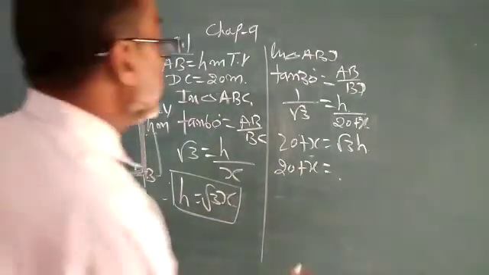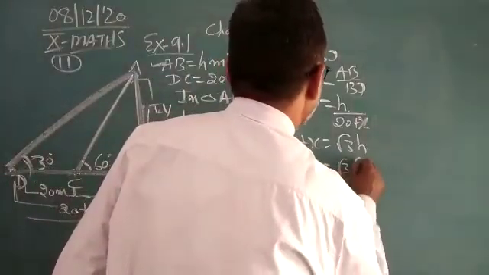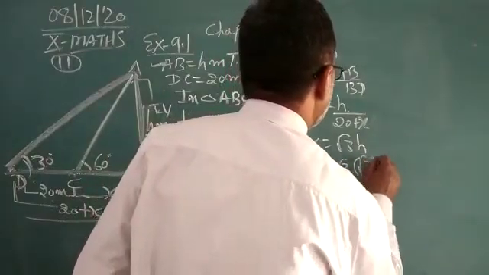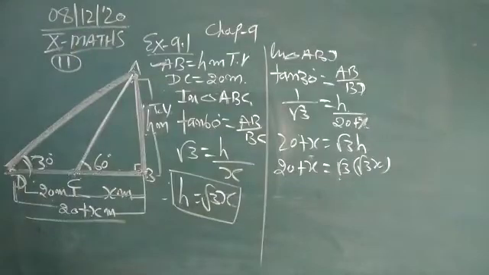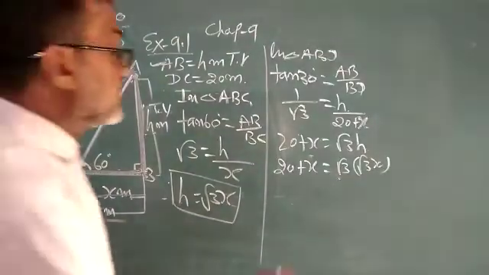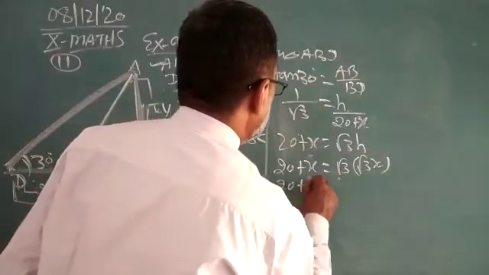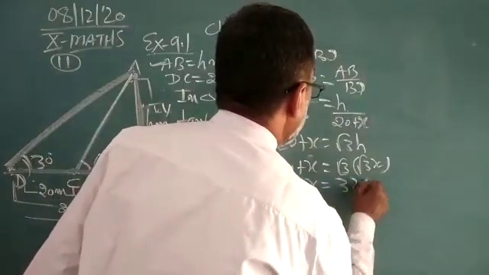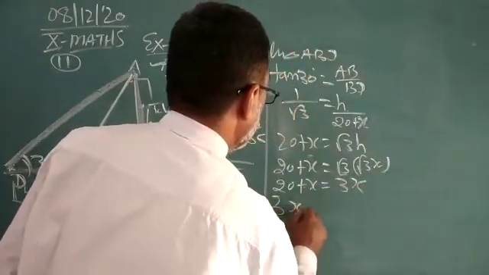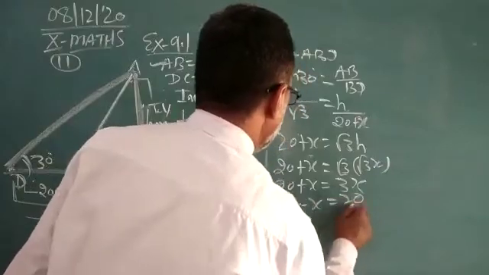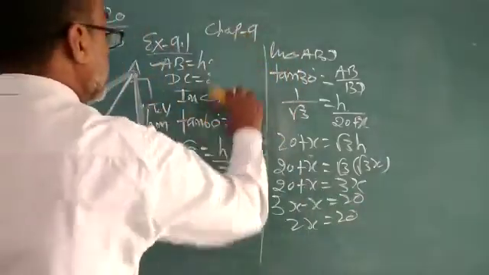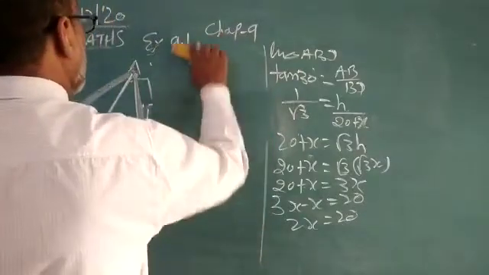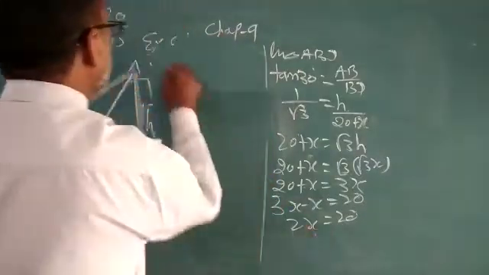So root 3 into root 3 is 3, then 20 plus X equals 3X. 3X minus X is equal to 20. 2X equals 20.